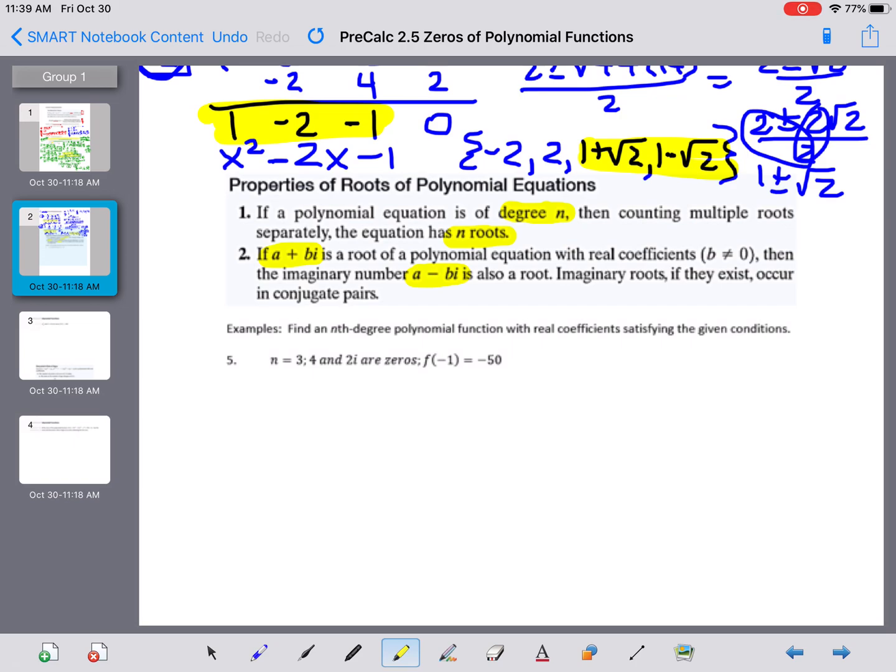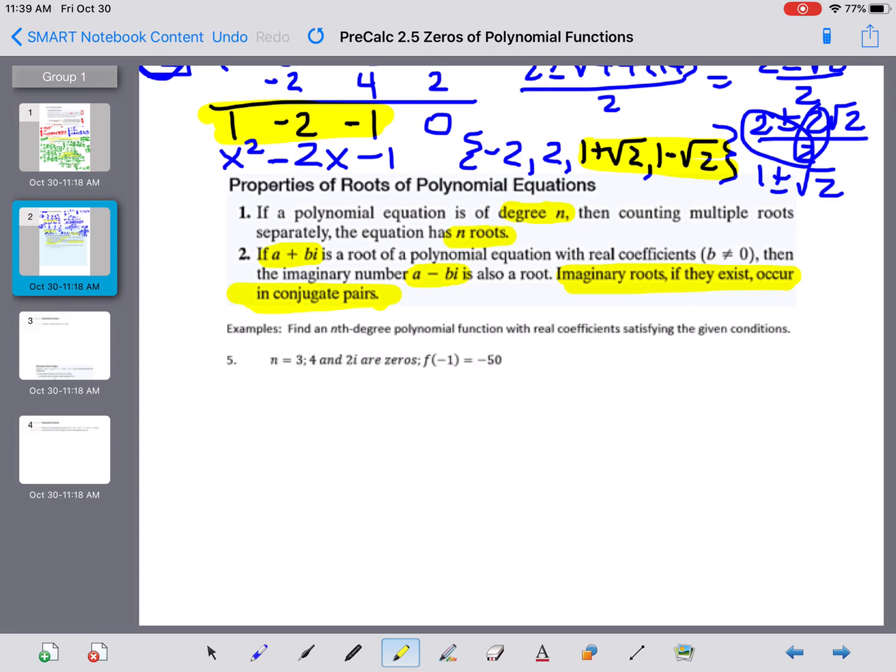So on real numbers or rational numbers, it's not always true that the opposite is also an answer. But on a polynomial with complex roots, you do get that the conjugate is also a root. So imaginary roots, if they exist, occur in conjugate pairs. So if one is a root, the conjugate is also a root. I shouldn't say the opposite because the a doesn't change signs, just the bi.